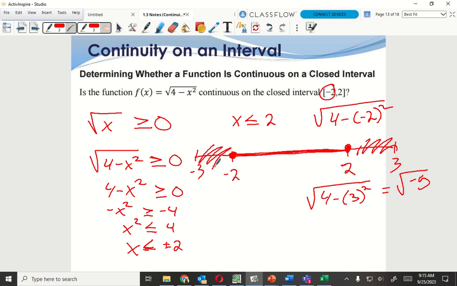If I were to take this to 3 or negative 3, I would say it is not continuous. It is not because it doesn't exist outside of 2 and negative 2. But it does exist at 2 and at negative 2. So that one is okay. It is continuous on the closed interval. Okay? Hopefully.